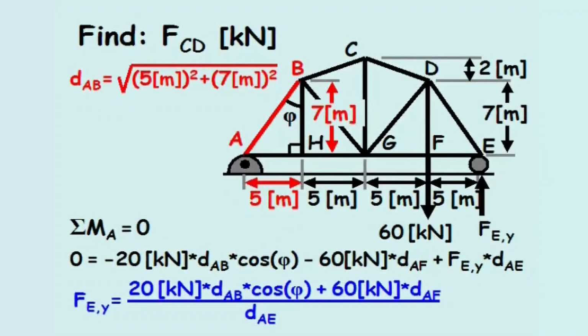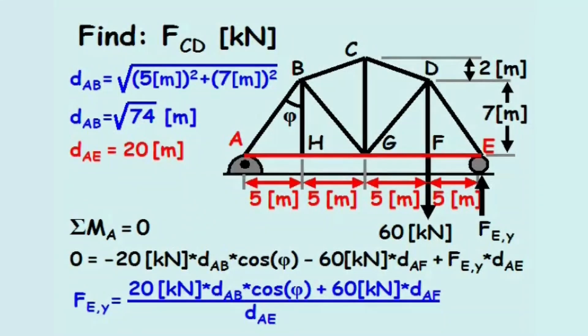The length of member AB equals the square root of 74 meters. The length of joint A to joint E equals 20 meters, and the length from joint A to joint F equals 15 meters.